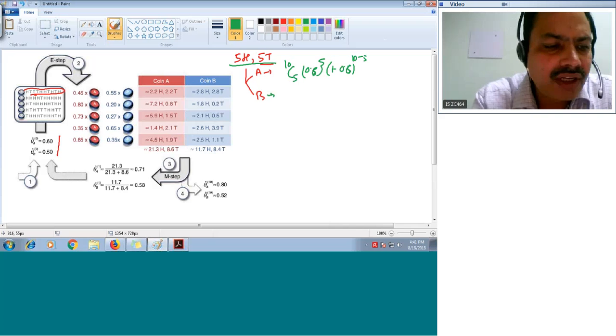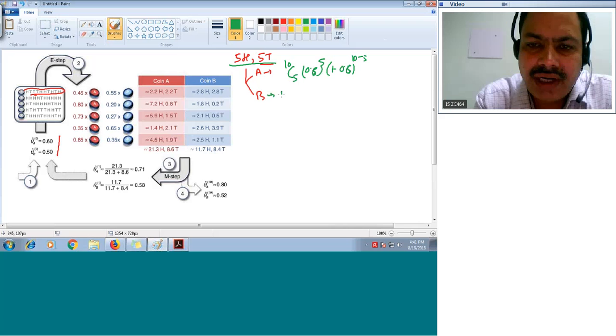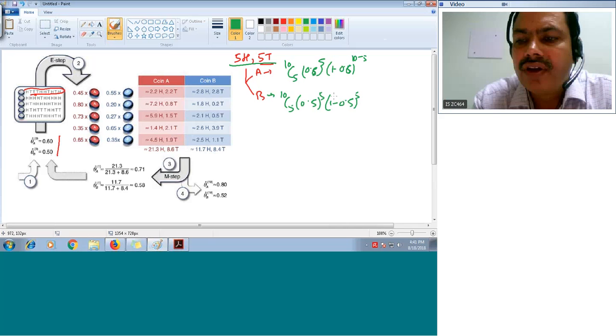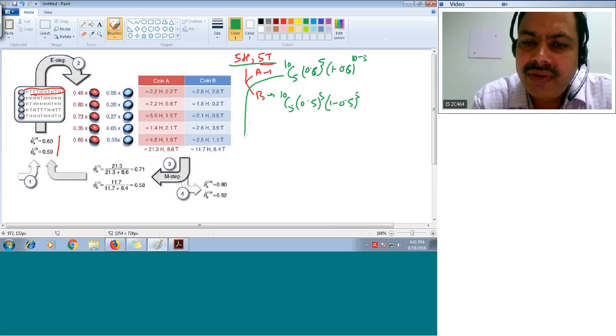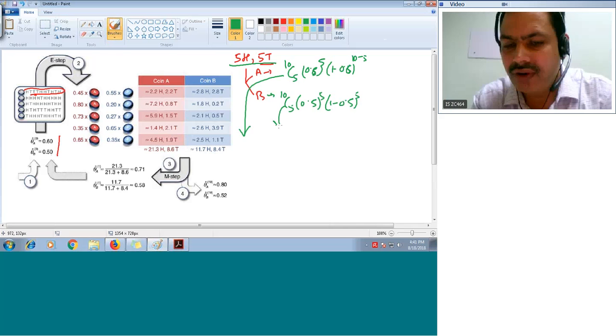What is the probability for this second one? It comes out to be 10C5 times 0.5 to the power 5 and (1 minus 0.5) to the power 5. Can anybody work these out and tell me the values? You can easily find them with a calculator.